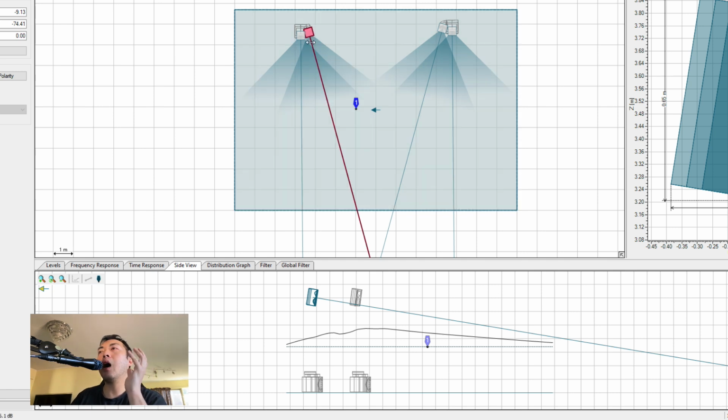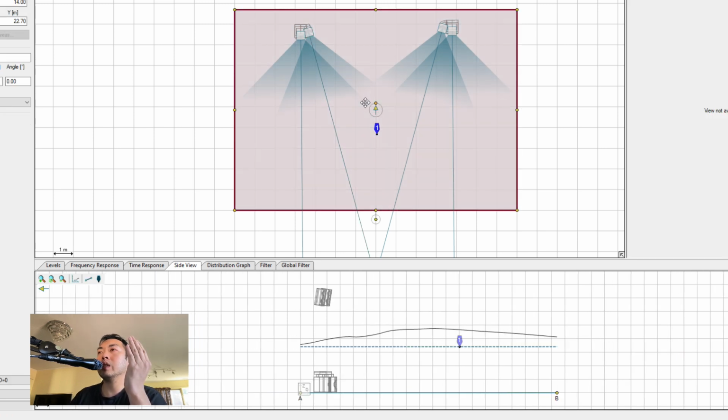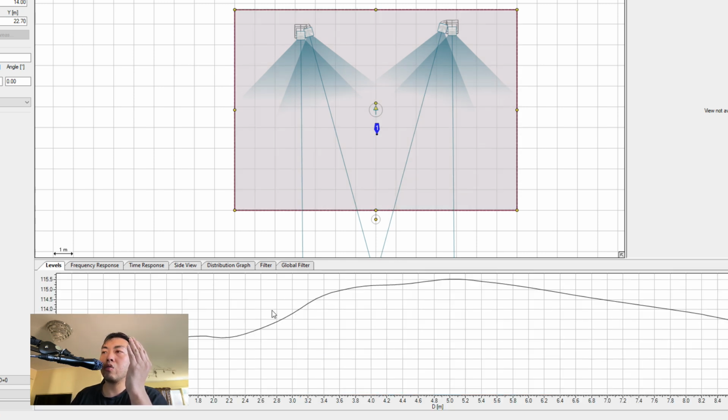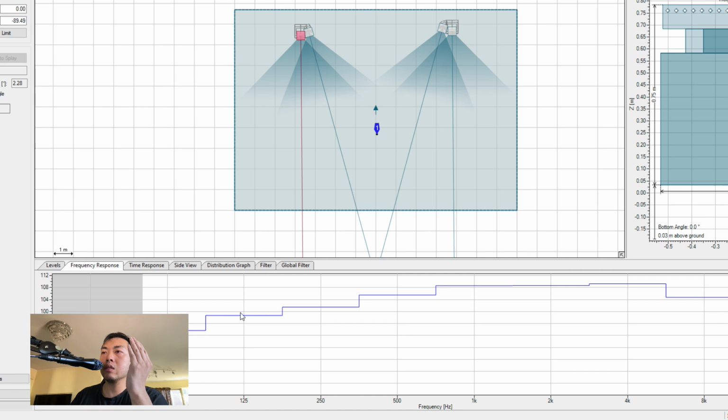But with the highs, you can direct that away from the walls and onto your audience. So if I turn this back to the normal orientation, you'll see now that there is a large drop-off in level, and the frequency response is currently about that much.